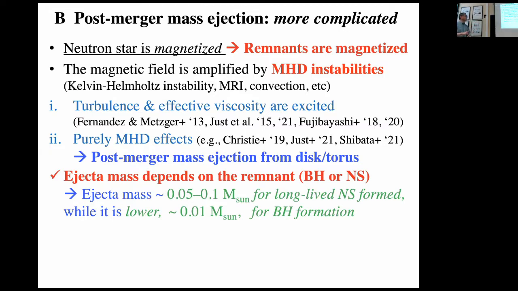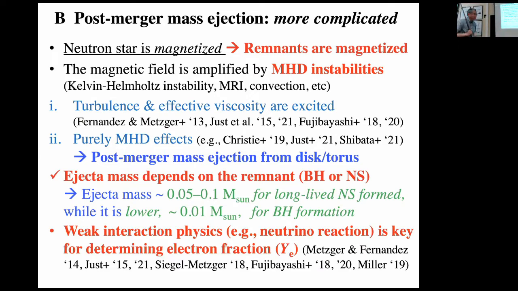Then, in the absence of a black hole, such matter does not fall into the black hole or into the neutron star, and a large fraction can be ejected from the system. By contrast, if a black hole is formed soon, much of the matter falls into the black hole. Then the mass ejection becomes small. This is very important.